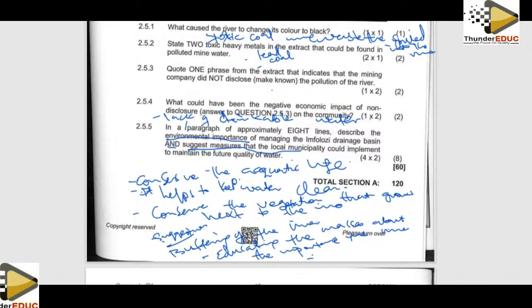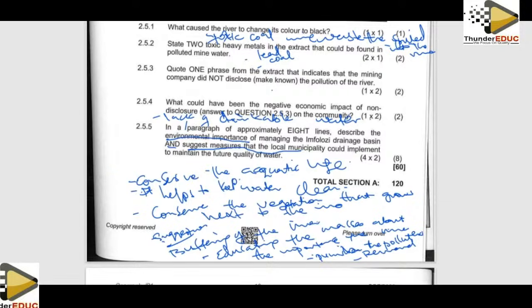All those who are polluting the environment, punish them. You can also reward those who try to maintain the water sources, but you write it in paragraph formatting. Okay. We got the last question, that is question 3.